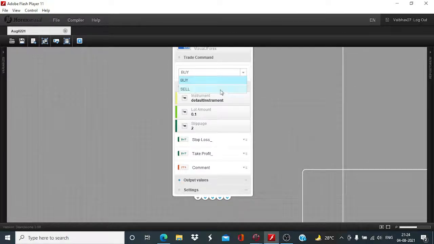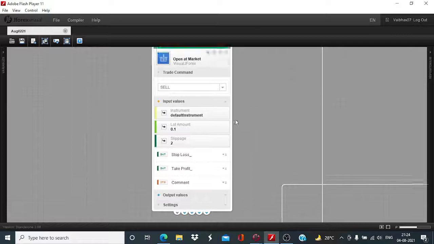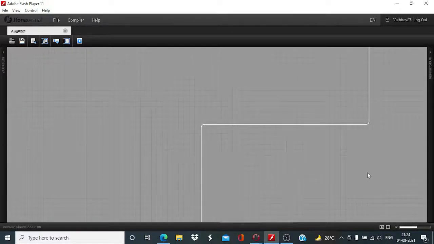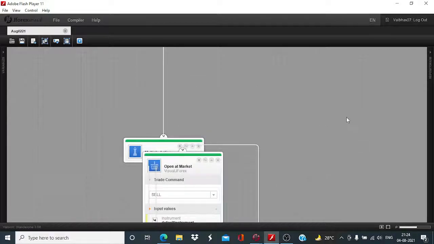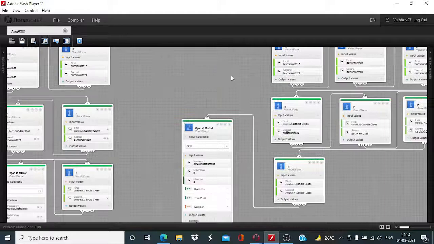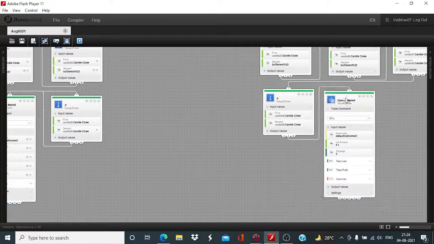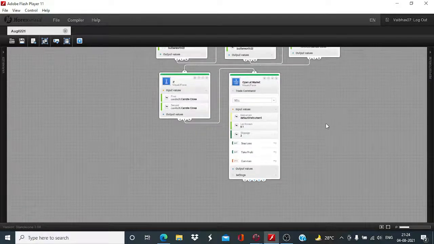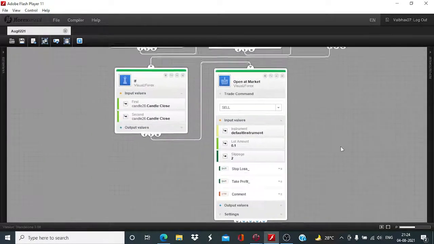This is going to be a sell order, not buy. Buy side we have already defined, so let us take it lower. Okay, this was buy and this is sell.